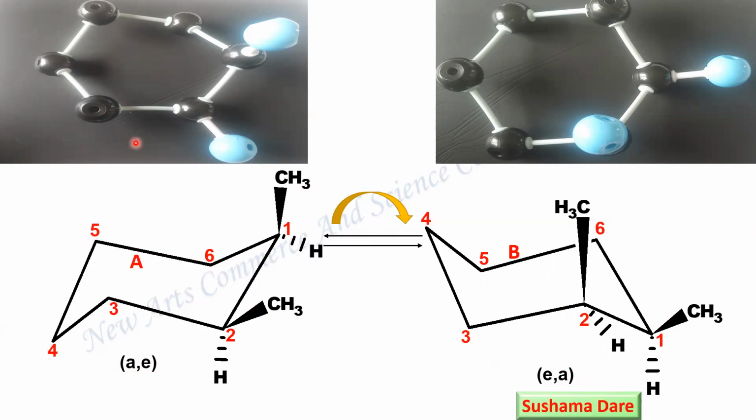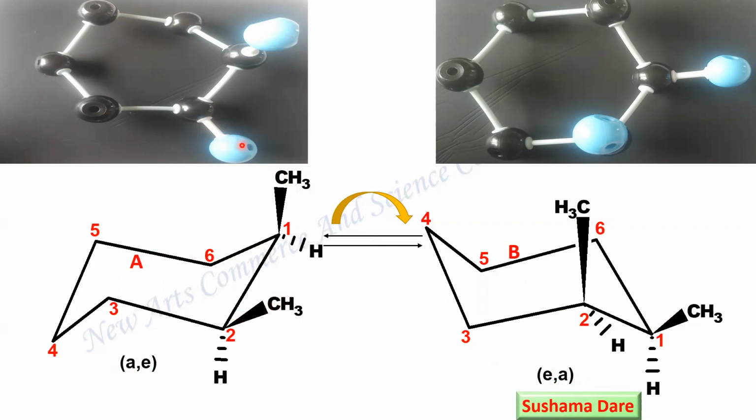Now look at this structure. This is a three-dimensional structure of the molecule. Now this is the chair conformer. This is the upper carbon of the chair, and this is the lower carbon of the chair. Now this methyl group is axial, facing in the upper direction, and this methyl group is equatorial, coming towards us.